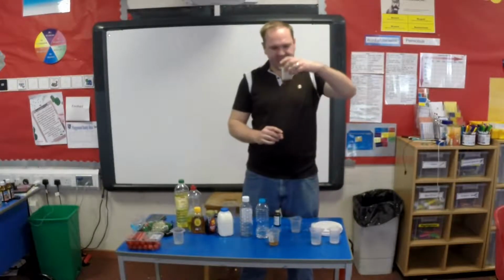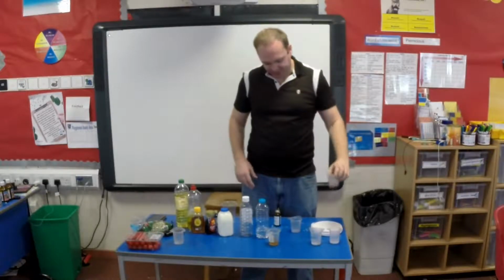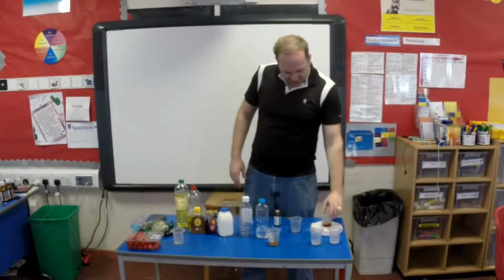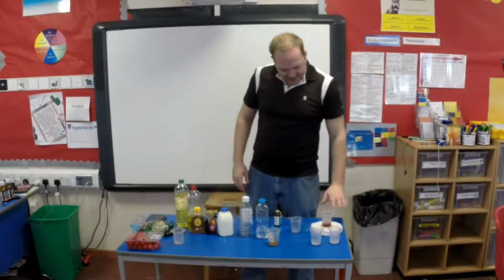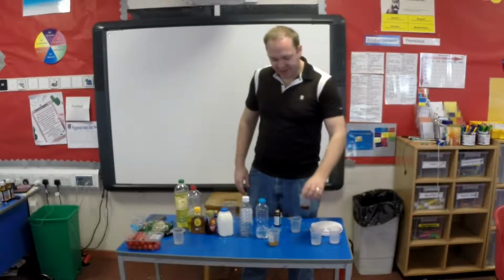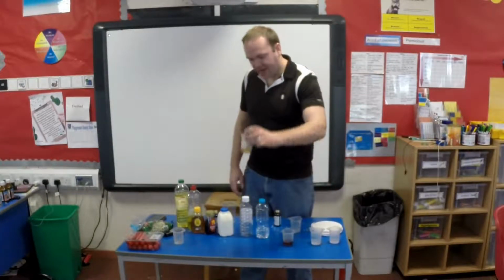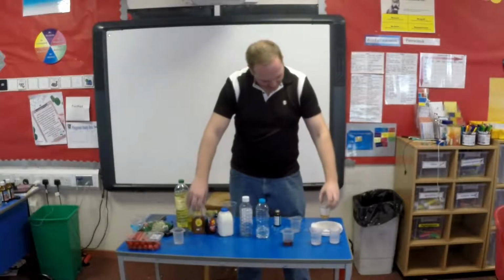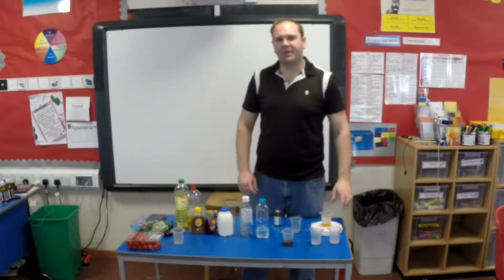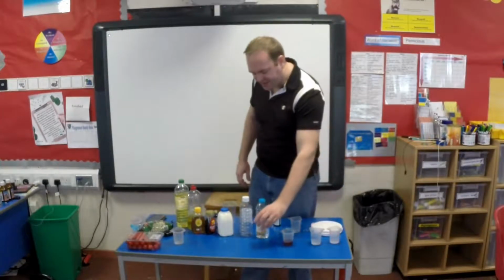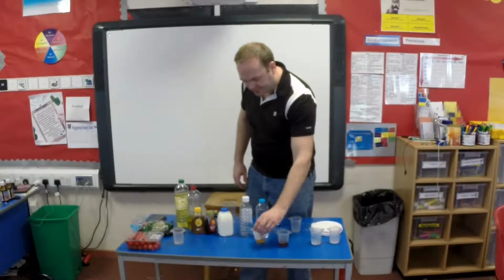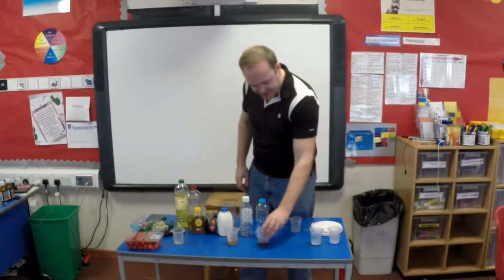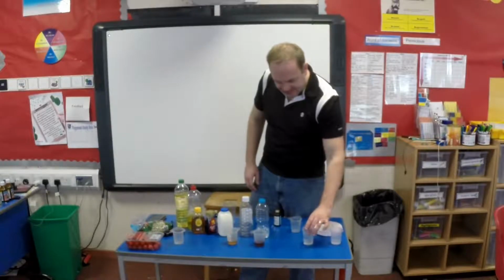I've got a couple of other substances and then I'm going to have to manually measure out the rest of them. This is maple syrup here. That's coming in at 28 grams, so that's more dense. This is honey. That's a whopping 32 grams, so that's very definitely dense there. So we've got the most dense at this side and the least dense at this side.